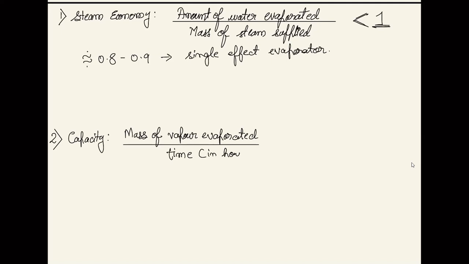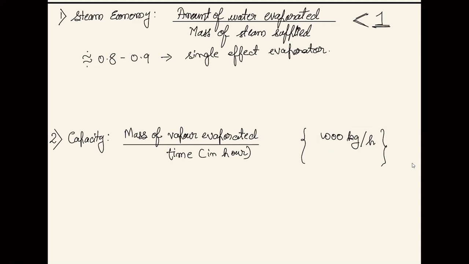In the industry it's a common practice to note down the capacity in hours, so you can say something like an evaporator of capacity 1000 kg per hour, meaning that it can evaporate 1000 kgs of water per hour.